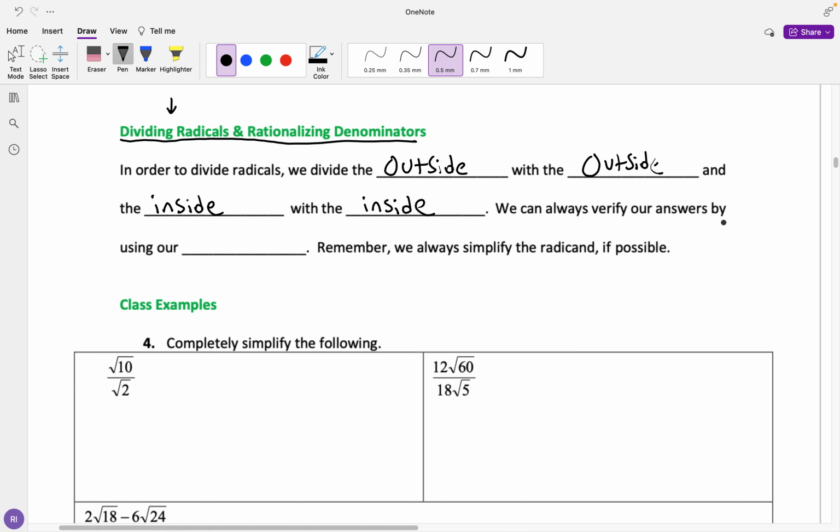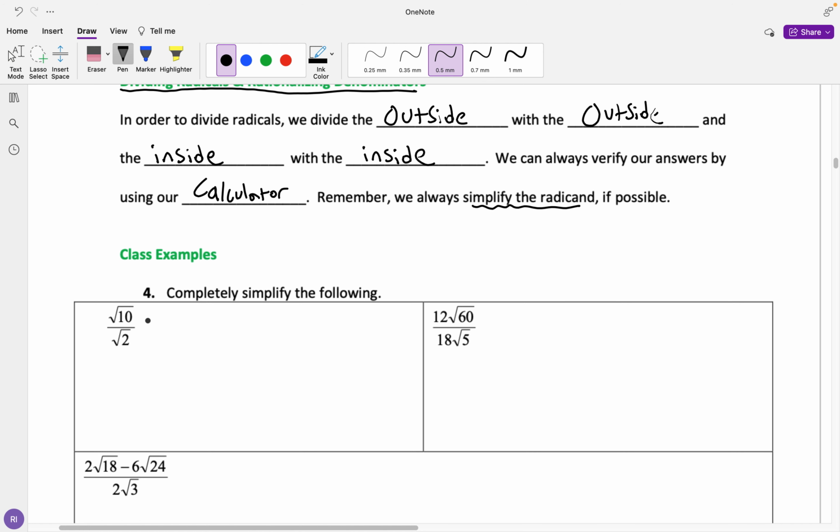And we can always verify our answer by using our calculator. And we always want the radicand to be as simple as possible by the end. So, essentially it works like this.